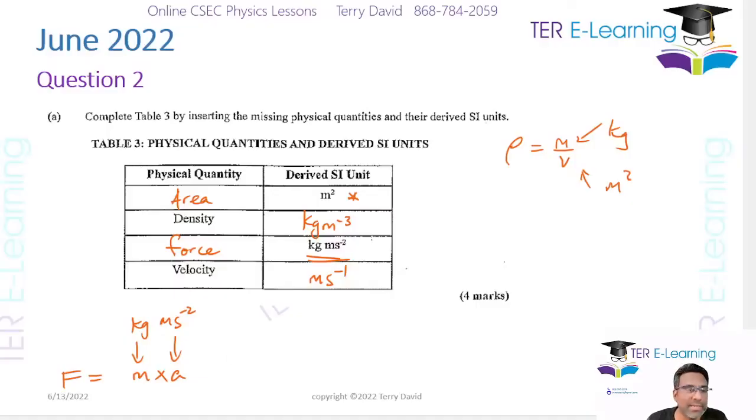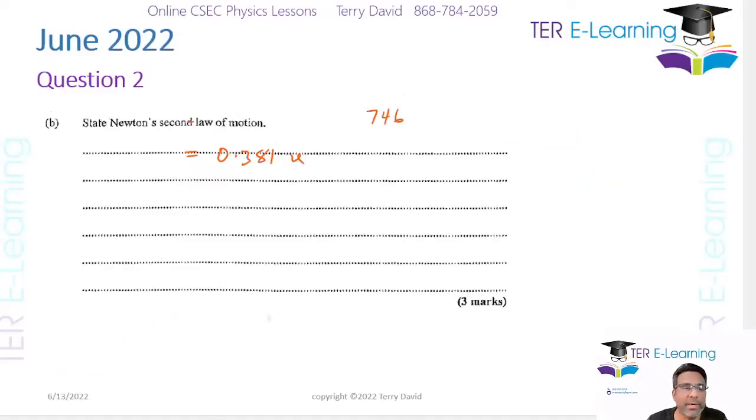Right, so that's 4 marks here. Let's see what else they want here. State Newton's second law of motion.